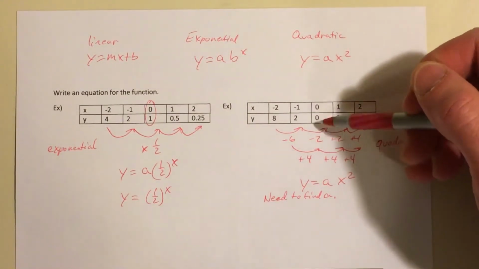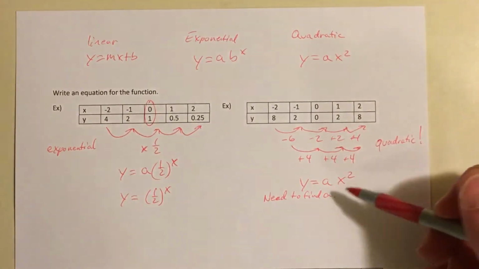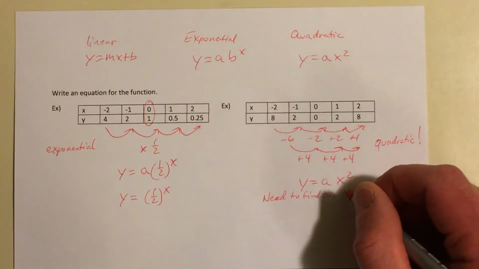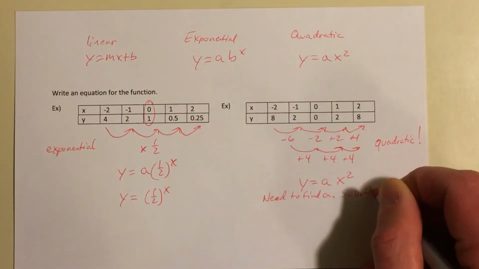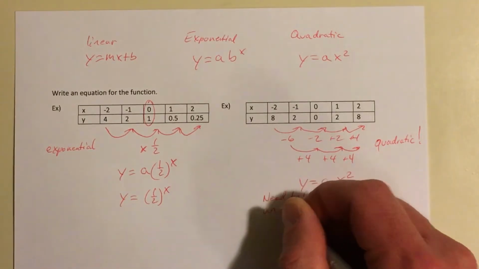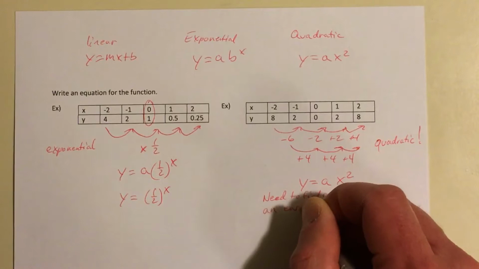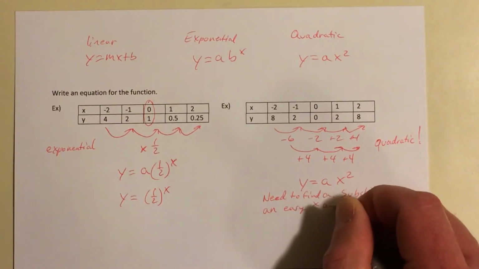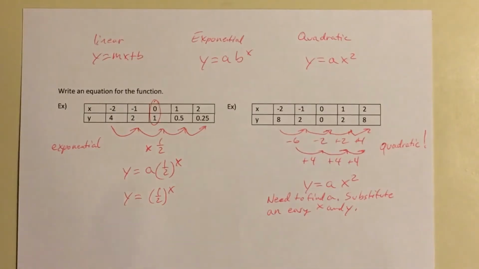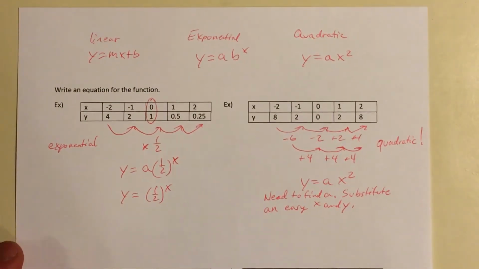Our y-intercept is 0, and that's not what that's going to be, because it would wipe everything out. But to find A, we're going to substitute an easy x and y. And we are totally going to avoid that 0, 0, because that's going to wipe everything out and not be helpful whatsoever.